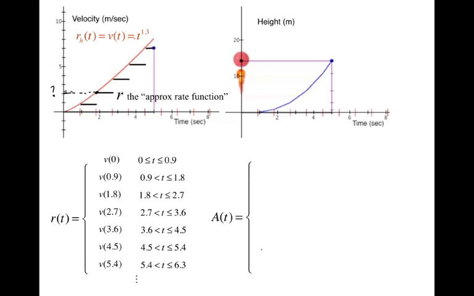So that's initial plus 0 plus the rate. The rate is R of t. We're going to use our approximate rate function now. So it's 0 plus R of t times the change in the first interval, t minus 0.